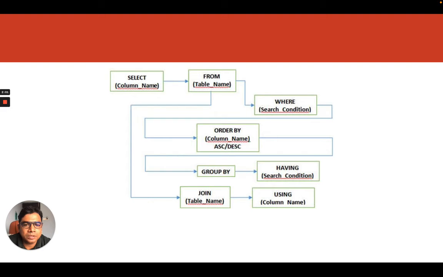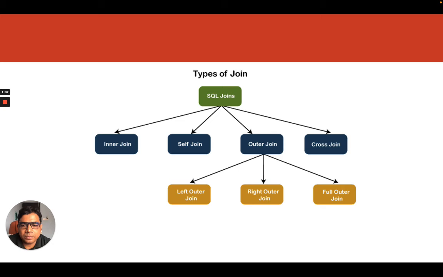So suppose in the result we want to order by country ID, so it can be order by column 2, and then group by, where we can have the having clause as well, which will act as a search condition here. So group by can be column 1 or column 3, and then if we want to join something, that can also be performed using this. So that's all for today.